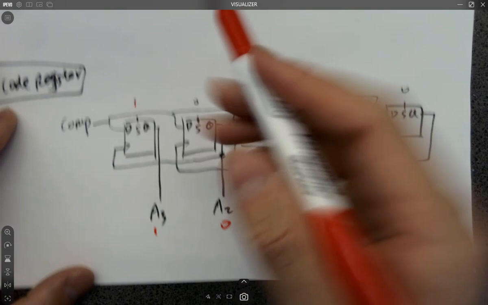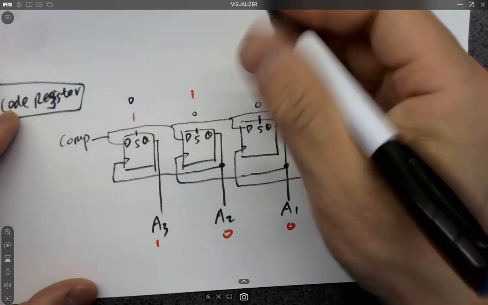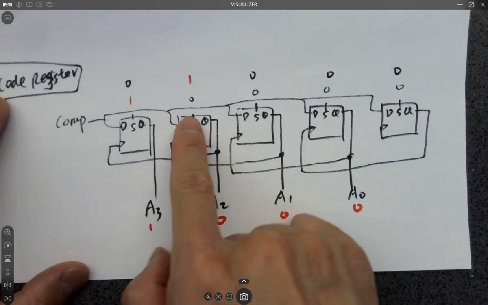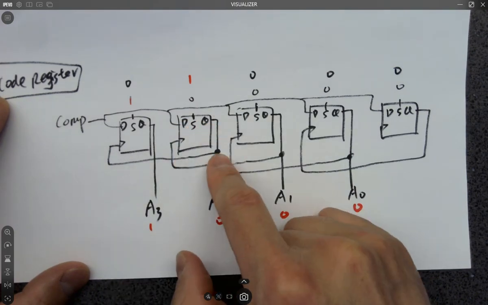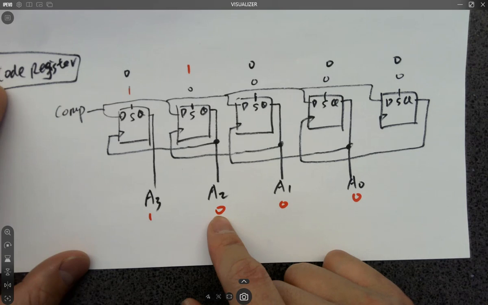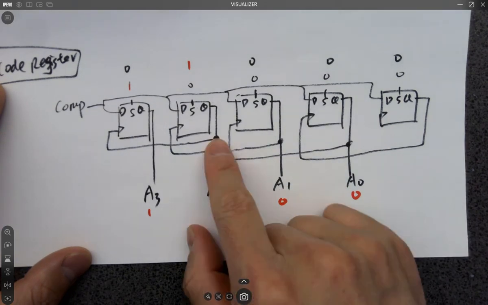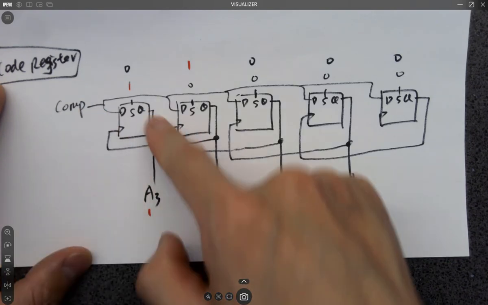So eventually, when I shift this 1 here, this one will be set, which means Q becomes 1 from 0. Okay, 1 will be shifted here, and this 1 will form a rising edge and latch that comparator's output to Q.